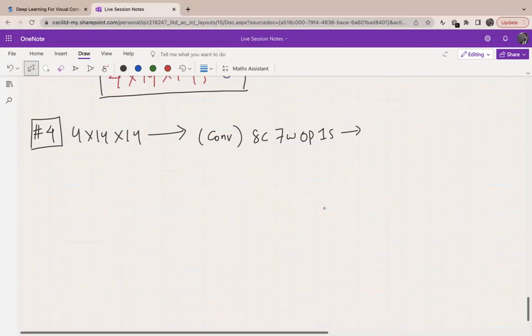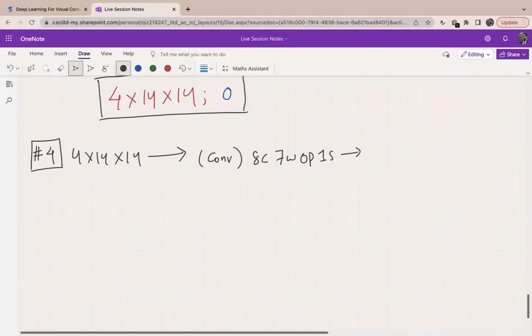By looking at this, I can say that the number of channels will be 8, because we need 8 channels in the output, so we'll have 8 filters of 4 cross 7 cross 7.